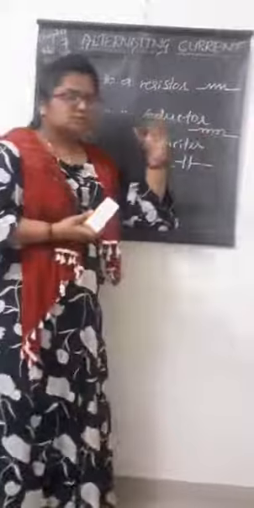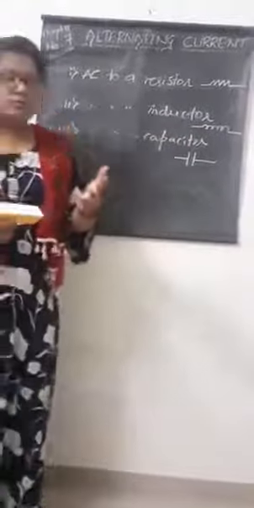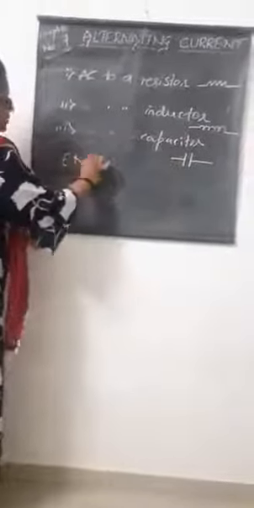So what is the function of the inductor and capacitor? The inductor is used in the electrical network and it opposes the change in current. You know Faraday's laws of electromagnetic induction. Faraday's first law says what?